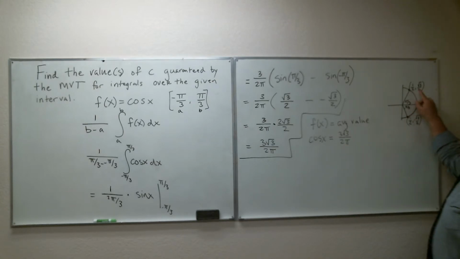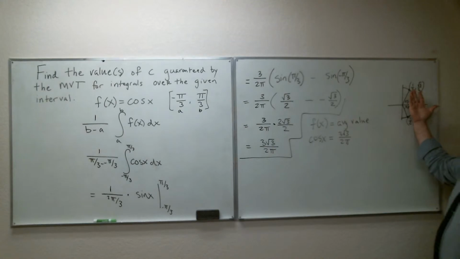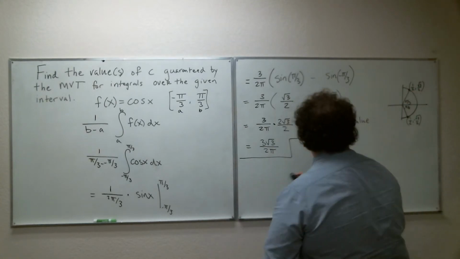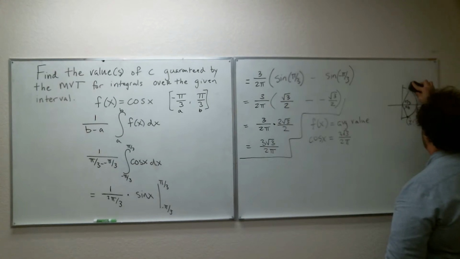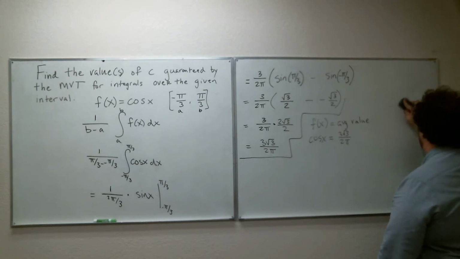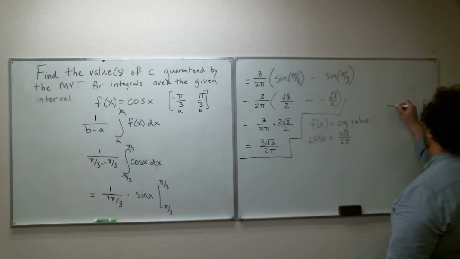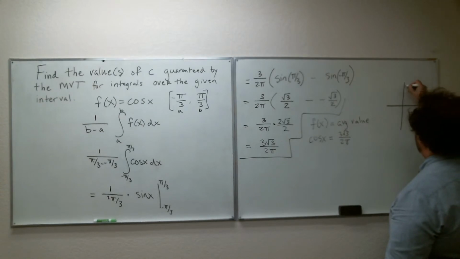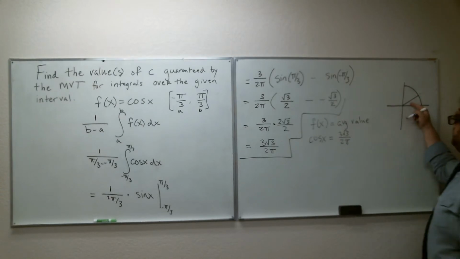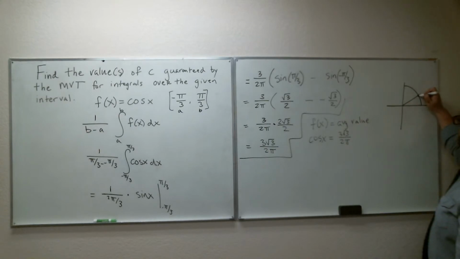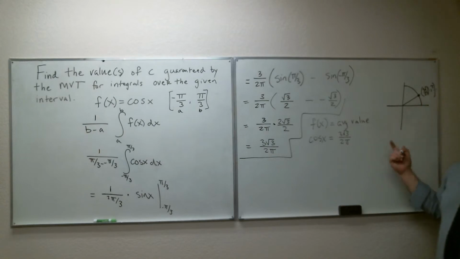So that's like asking, here x value is the cosine value, so that would be like saying, question mark angle has coordinates, and the coordinates are 3 root 3 over 2 pi, comma something. That's what we're asking. And obviously that's not something you recognize off your unit circle.